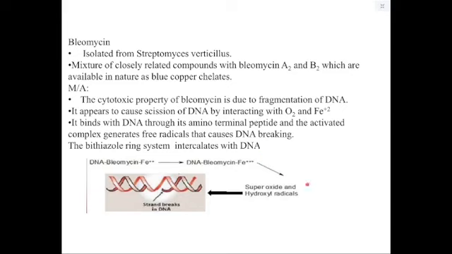When that happens, this ternary combination, the DNA, bleomycin, iron 3 plus, generates superoxide and hydroxyl radicals. And when that happens, as we saw with the others, there is cleavage of the DNA. Of course, that stops the replication of the DNA. So we have superoxide and hydroxyl radical production.